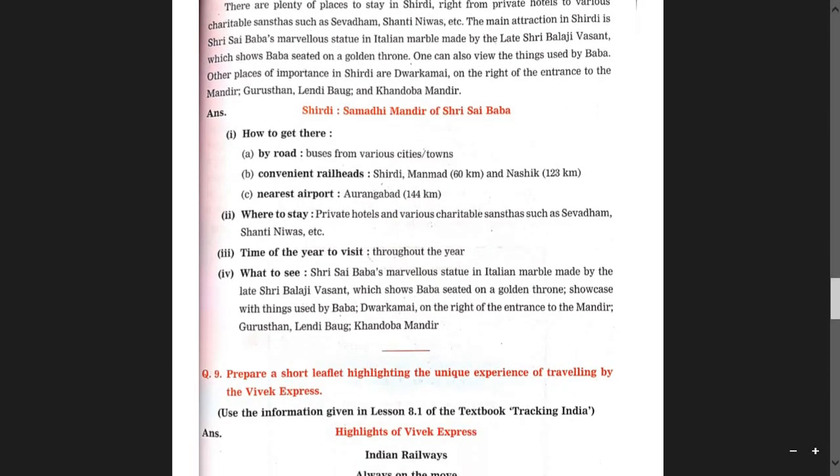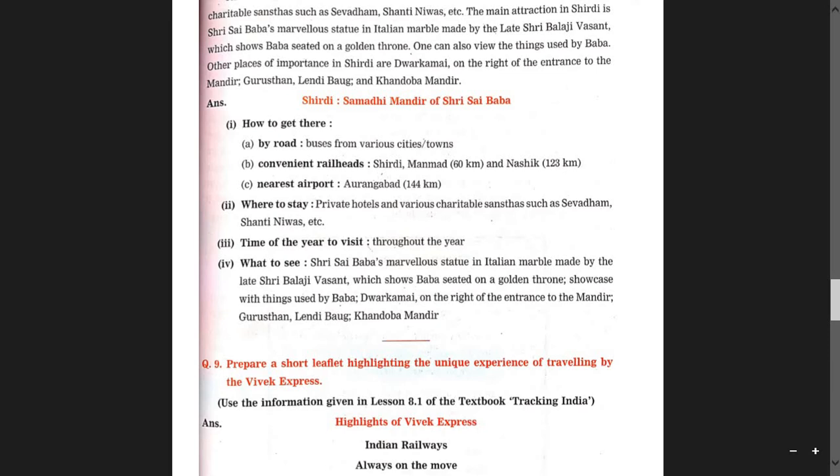So students, here, this is what fact file is on your screen. I would just read the highlighted what you are expected to do. Very first, how to get there, because this is a fact file, no? So you are directing the people. You are directing the tourist how to go to Shirdi.